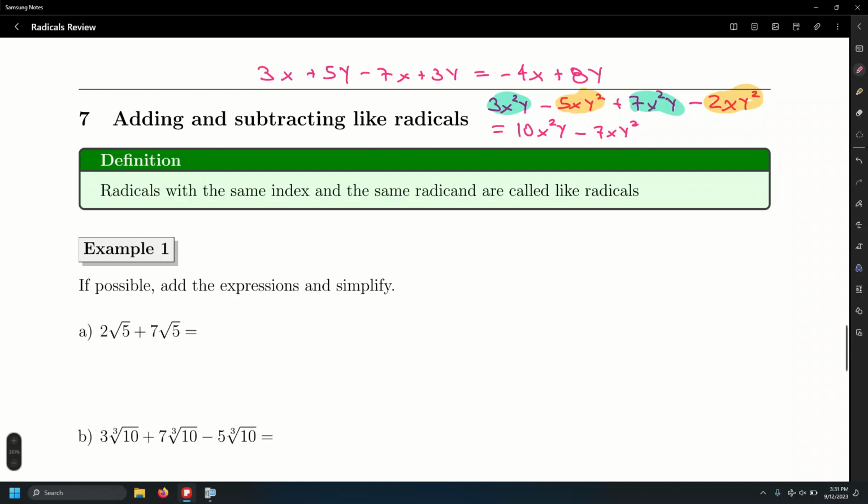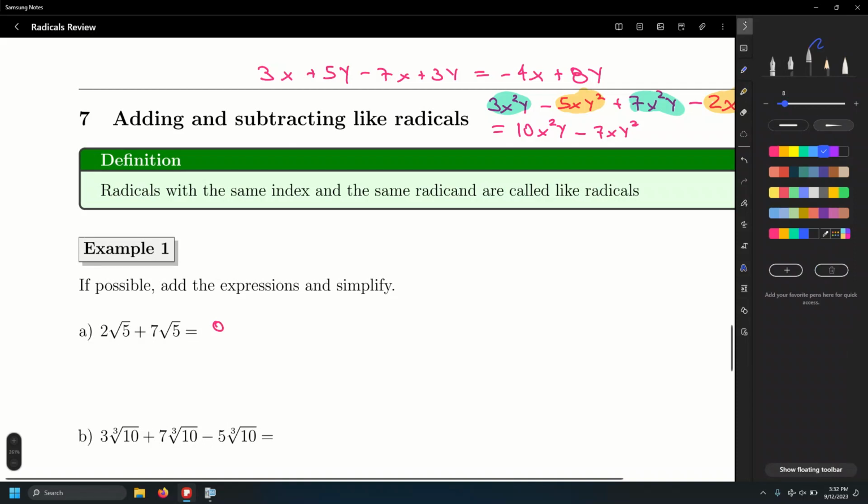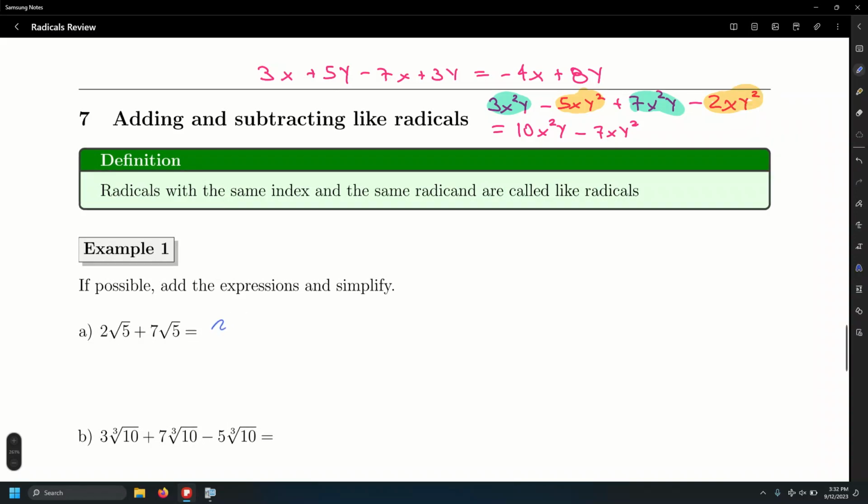What do we have? 2 square root of 5 plus 7 square root of 5. Do we have like radicals here? Do they have the same index? Yes. Do they have the same radicand? They do. So all we do is simply 2 plus 7, 9, 9 square root of 5.